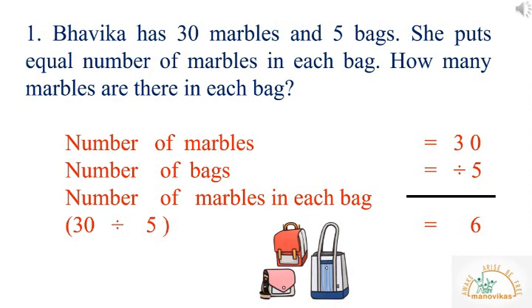And when we divide, we get the quotient as 6. How did we get the quotient as 6? 5 sixes we know is 30. And since 5 sixes is 30, that means the marbles in each bag is equal to 6.